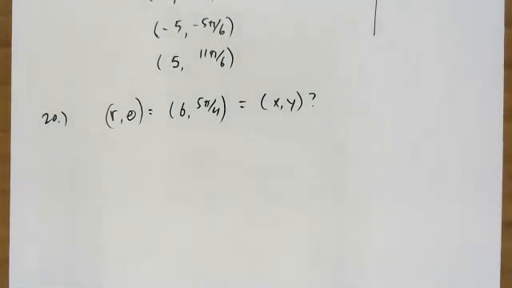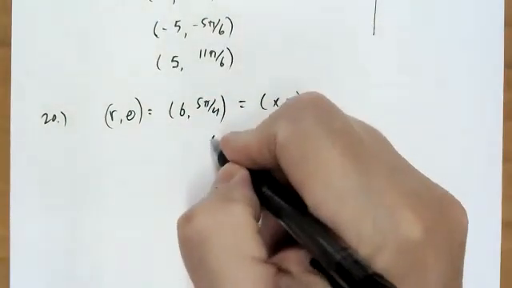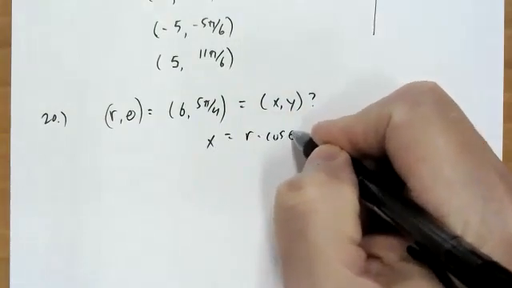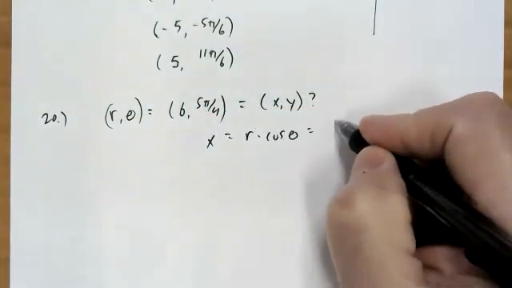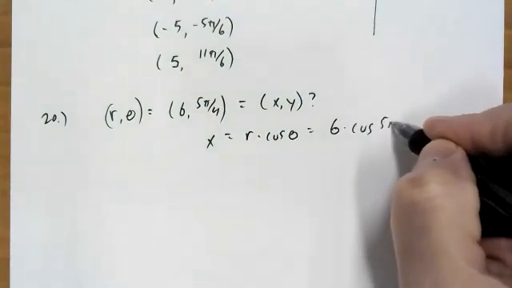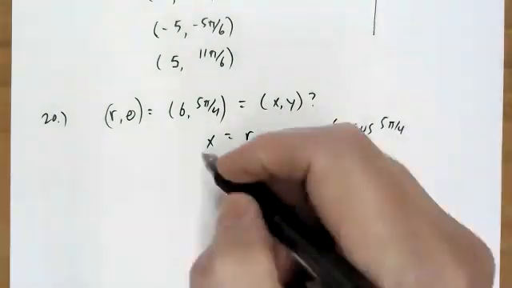Well, the nice thing is the formulas we use here are just like the formulas we use for vectors. X is r cosine of theta, so it's 6 times the cosine of 5 pi over 4.